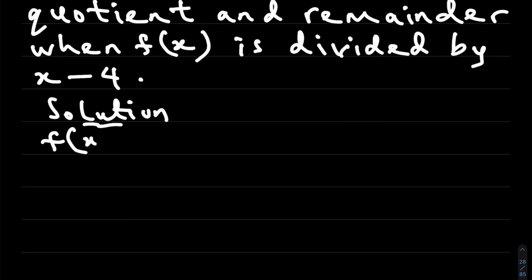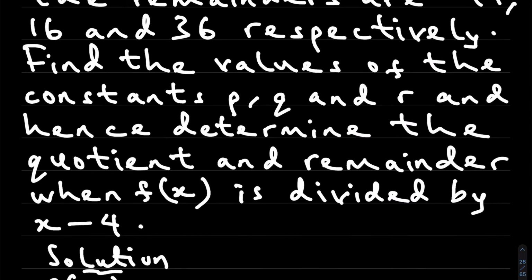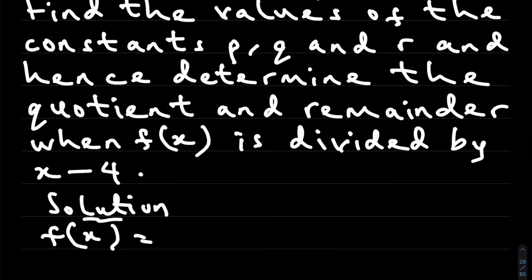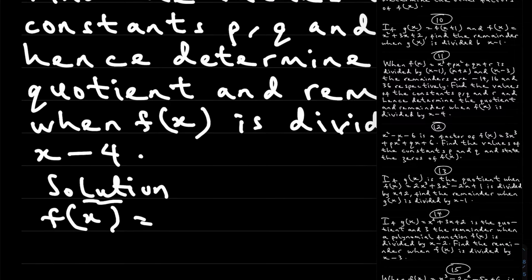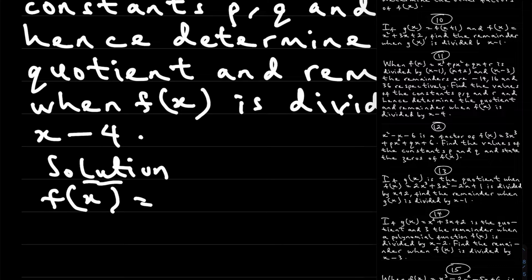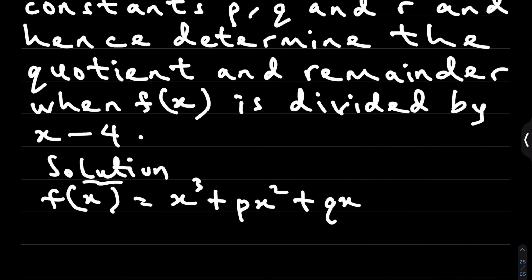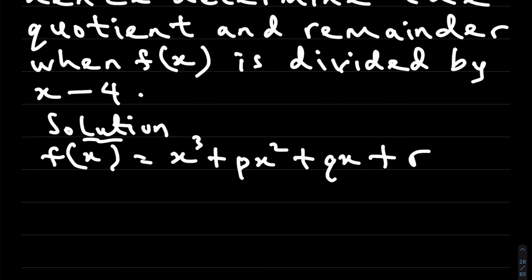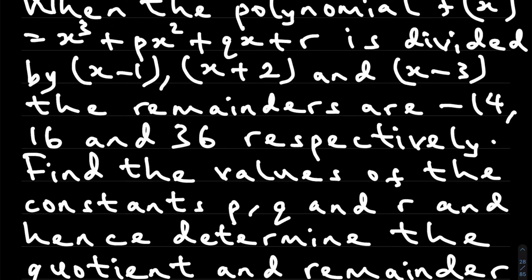f of x equals x cubed plus px squared plus qx plus r. When this is divided by x minus 1, the remainder is minus 14.